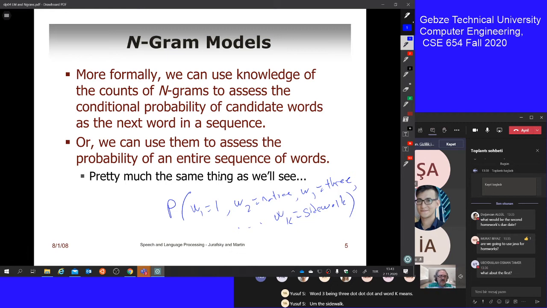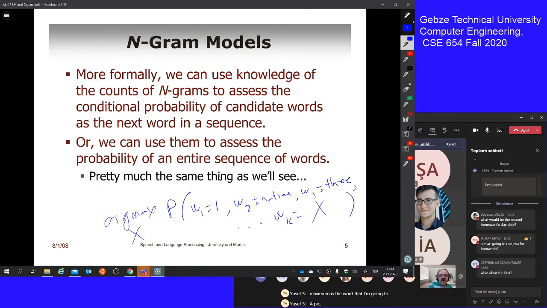If I can measure this probability, then I will replace the sidewalk with any word I like, X, and take the maximum of this probability, argmax X. Whatever makes this probability maximum is the word that I am going to pick.